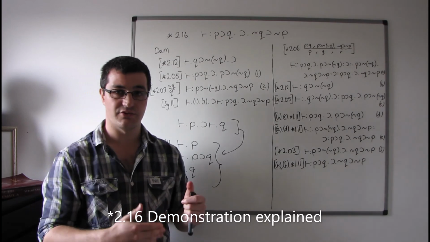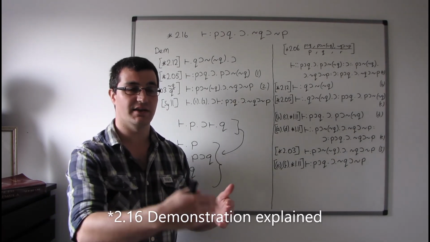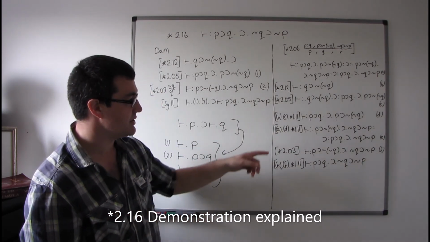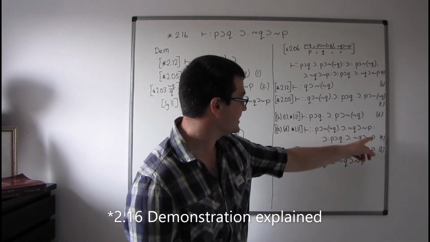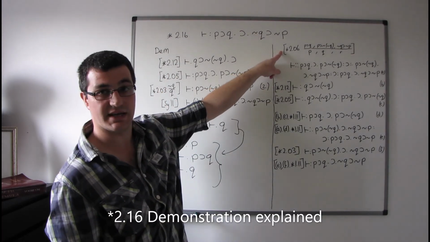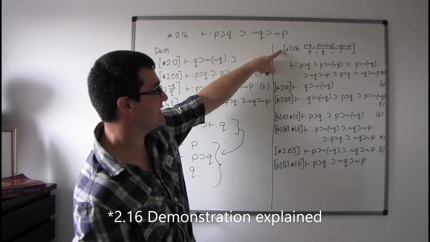Rather than making the inference directly from A implies B, B implies C, therefore A implies C, which is the more efficient way to go about things, I've got to have this line in here, which has been formed from 2.06. So this line here comes from 2.06.